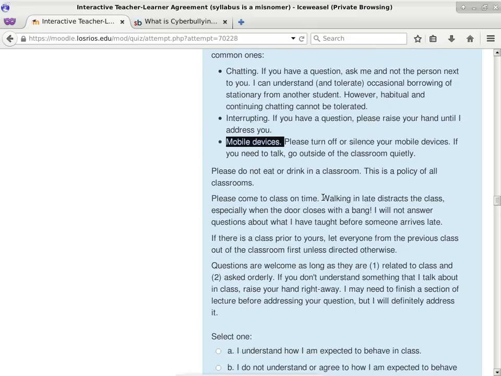Come to class on time. Walking in late can be distracting to the class, especially if someone walks in late and wants this particular seat. That person will have to walk all the way through, ask people to make room and then squeeze all the way in here. So that can be a little disruptive. If there is a class prior to ours, we'll want to let everybody out first from the previous class before we walk in here.